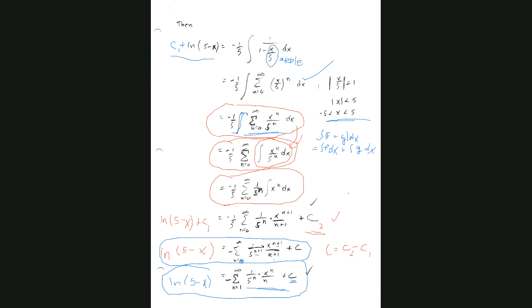So what we do is pick a value of x. The easiest value of x to pick is x equals 0, because when we substitute x in, we have to substitute x into the power series as well. So if we substitute x equals 0 in, we can solve for the constant very easily.